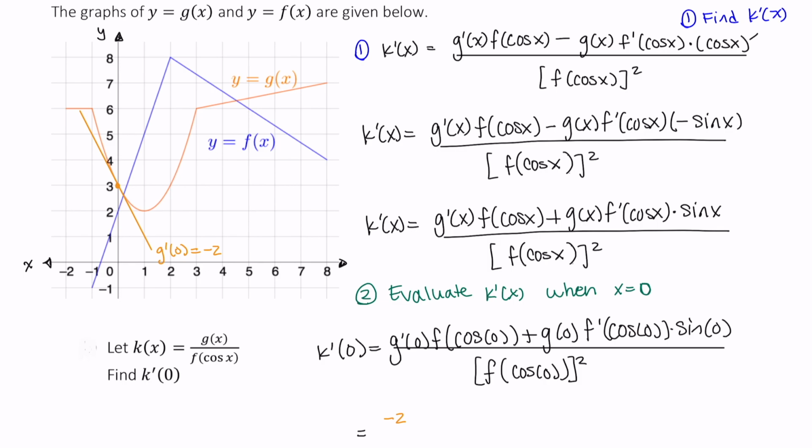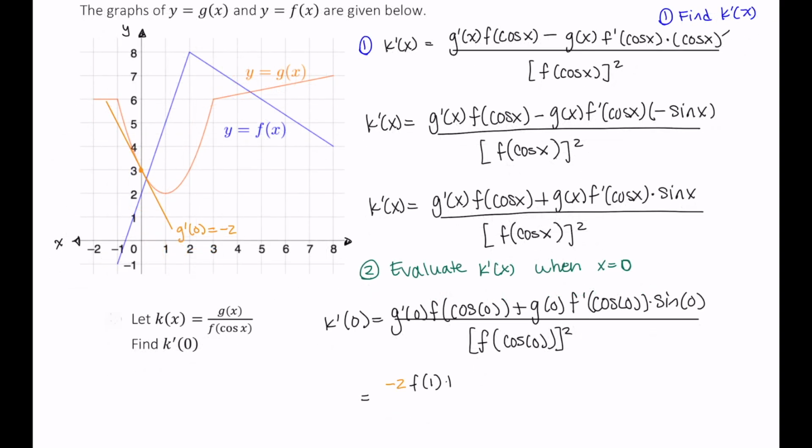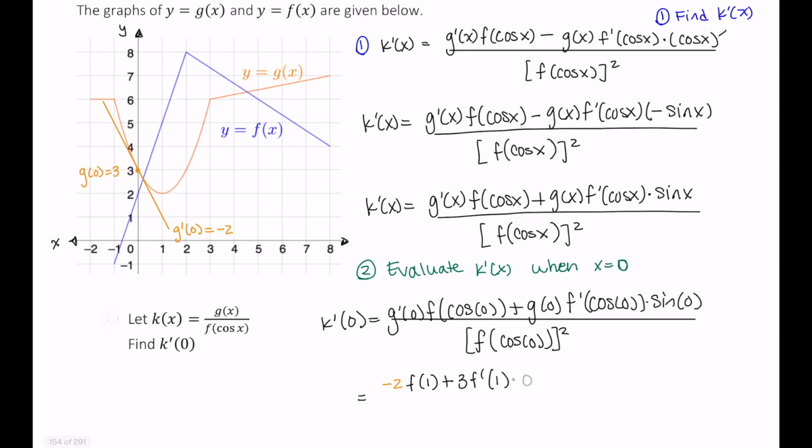All right, so I have negative 2 times f of cosine of 0. Well, cosine of 0 is just 1, so I want an f of 1 here. Plus g evaluated at 0. Well, g of 0 here is just equal to 3. Times the derivative of f evaluated at cosine of 0, which is 1. Times sine evaluated at 0, which is 0.